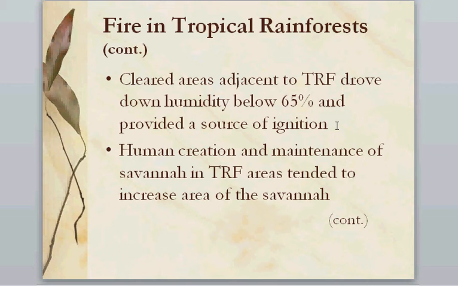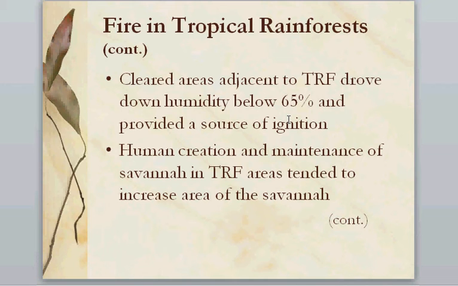This reduces the humidity around the margin of the gap, and not only that, fire which is set to clear grasses and weeds in the gap can get into the margins of the rainforest, so that these gaps cleared in tropical rainforest can start to expand, almost like a growing saw. Okay, and this is known as edge decay.